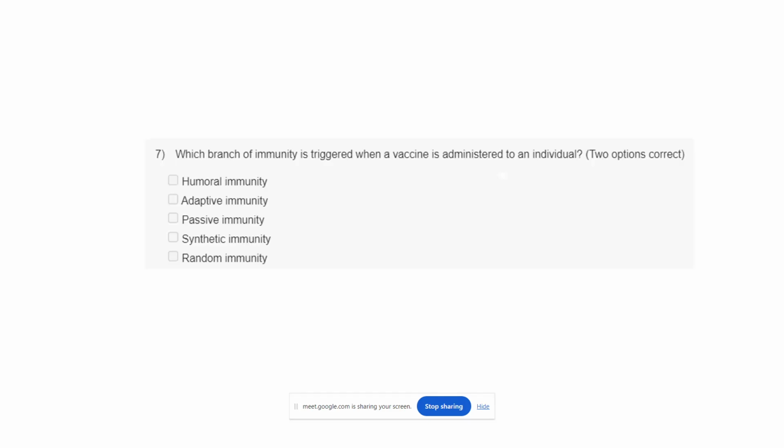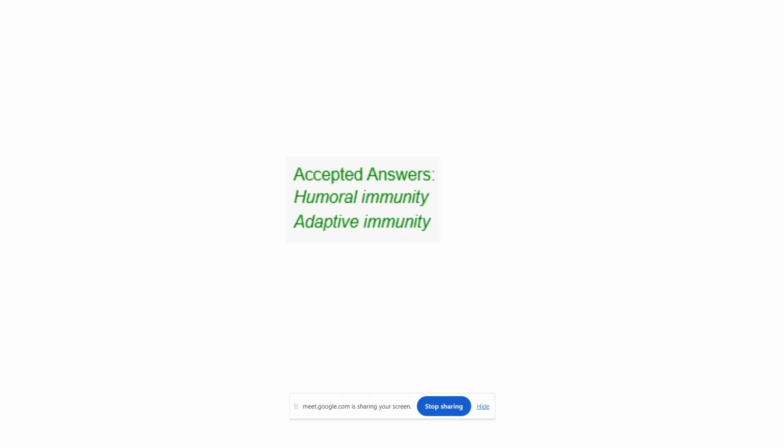Humoral immunity and adaptive immunity are triggered when a vaccine is administered to an individual.